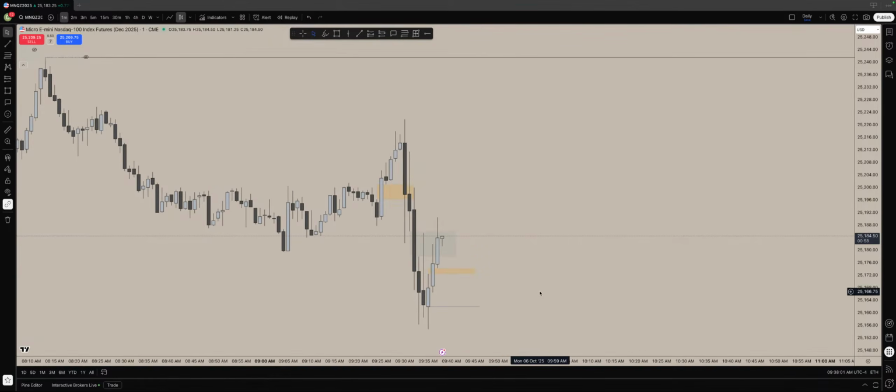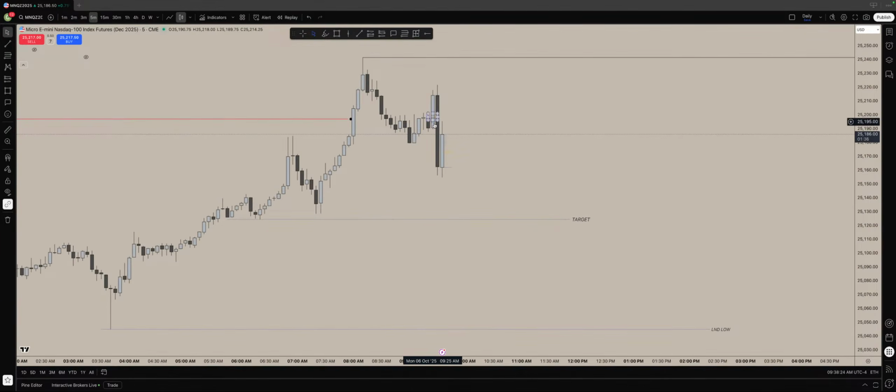If not, then my trade idea is kind of gone, to be honest. But I think we still go lower. We'll see where this specific candle closes. And that would be reacting to the order block here.